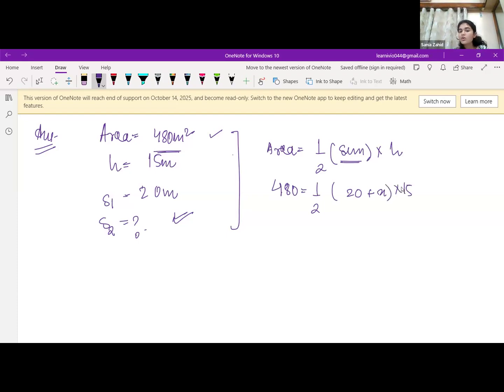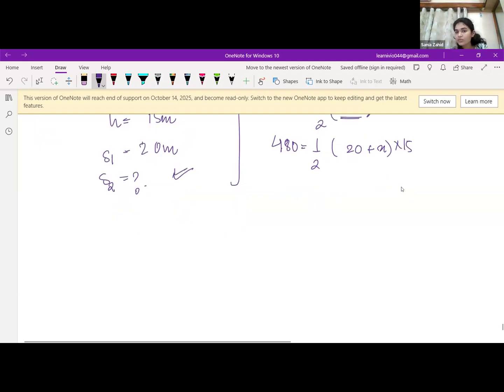Very good. Now how am I supposed to solve this? Children, look very carefully. First of all, 2 is being divided on the right side. So you transpose it here and multiply. So write 480 into 2. 15 is being multiplied, so you transpose it here and divide by 15, is equal to 20 plus x.